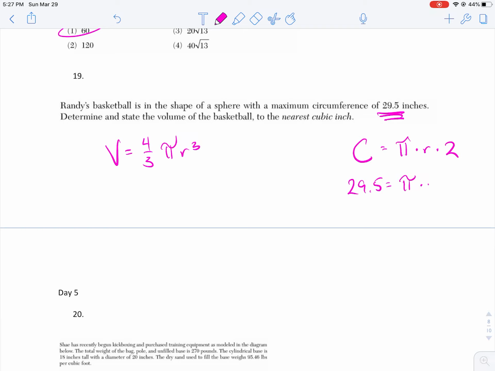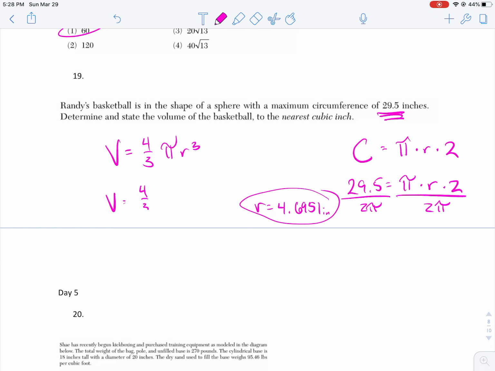We don't know what r is, but when we divide both sides by 2 pi, r is equal to 4.69, we'll go 5.1, inches. All right, so now we have our radius.